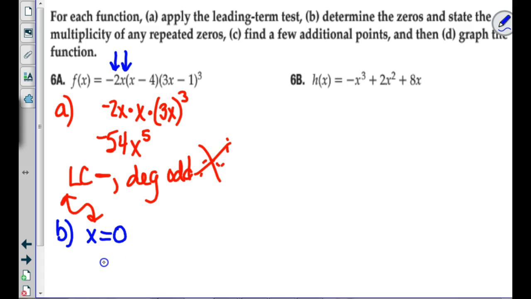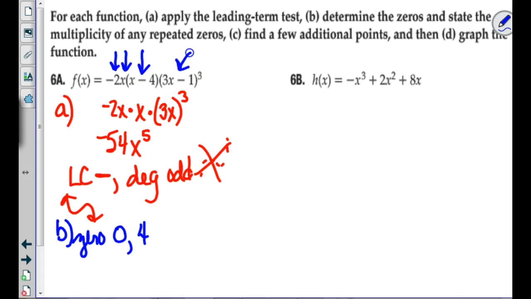Does it have any power on it, like an exponent? No, so that's just multiplicity 1. Then here there's a zero at 4. I should just write that these are the zeros. Does that one have a repeated multiplicity?